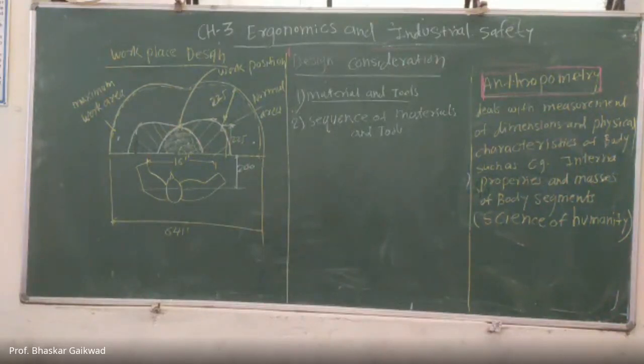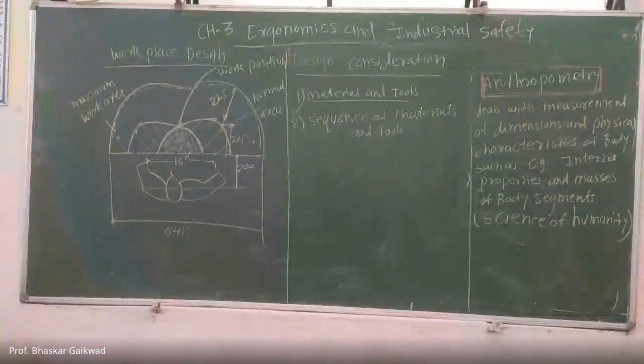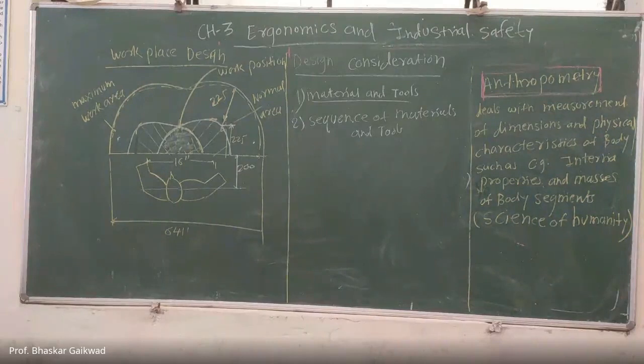Then the third condition: the supply of material or parts, if similar work is to be done by each hand, should be duplicated. That is, the material or part assembled by the right hand should be kept at the right hand side, and the material to be handled by the left hand should be kept at the left hand side. Here you can make use of two hands, left and right.